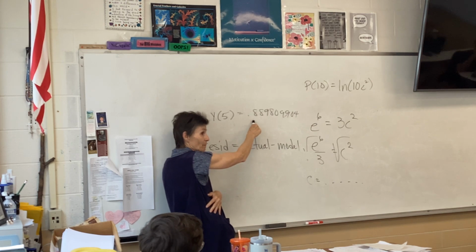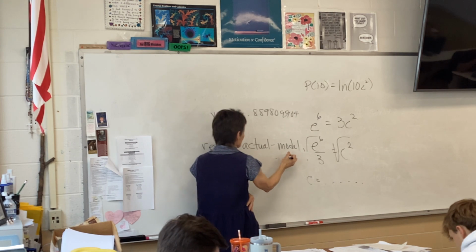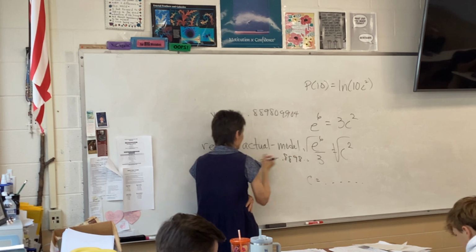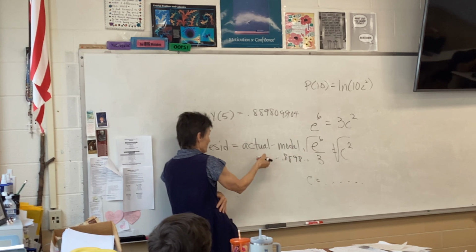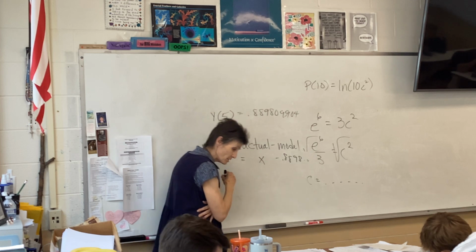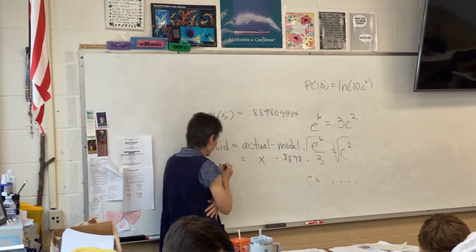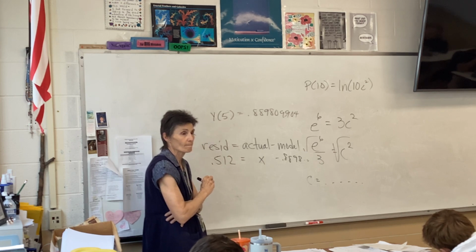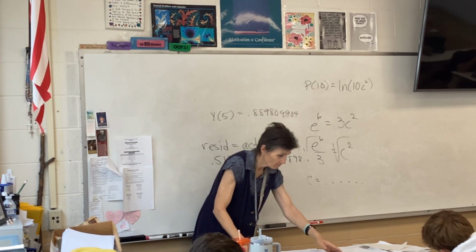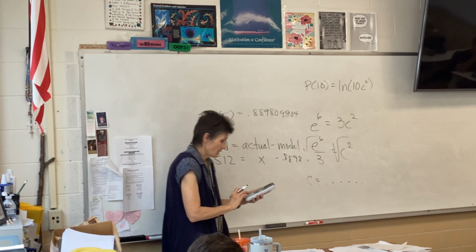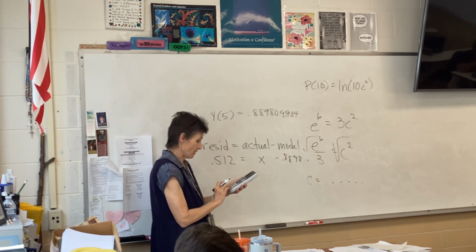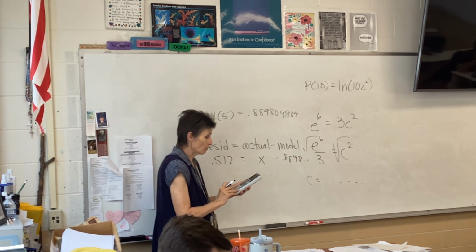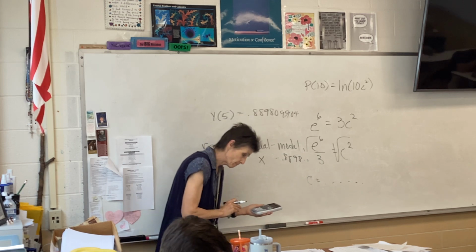This is what we got when we plugged it into our model. So that's 0.8898. I do not know what the actual is, but the residual is 0.512. So can I figure it out? You should add those. Yeah, I'm just gonna add that to 0.512, and I got 1.402. Perfect.